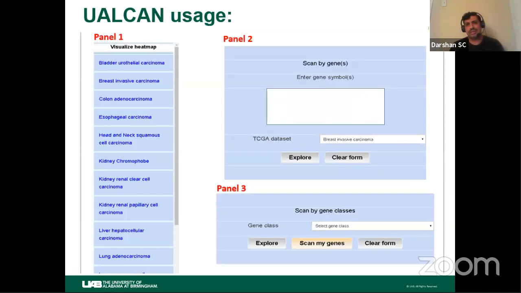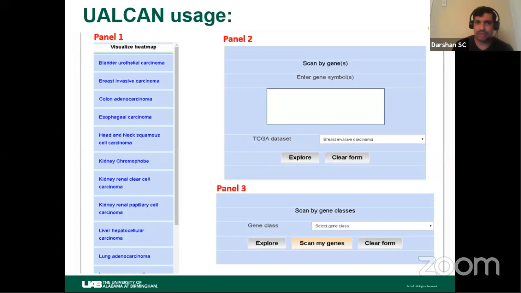This is a snapshot of the analysis page. UALCAN currently has 3 panels for any user to query the internal database. Each panel is designed to provide a different type of output based on the user.